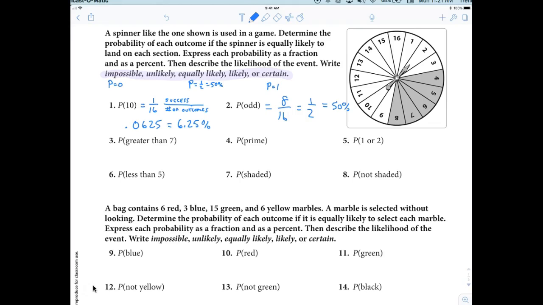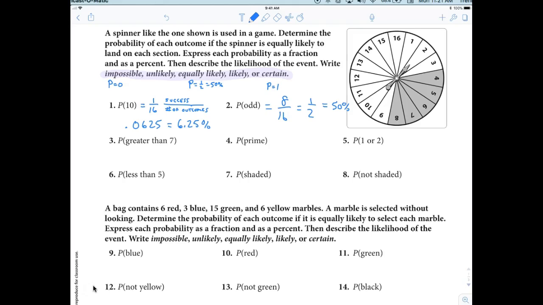All right. Now, let's see. I want to know the probability that you get a number greater than 7. Because you're going to count what? 8, 9, 10, 11, 12, 13, 14, 15, 16. Everybody good with that?